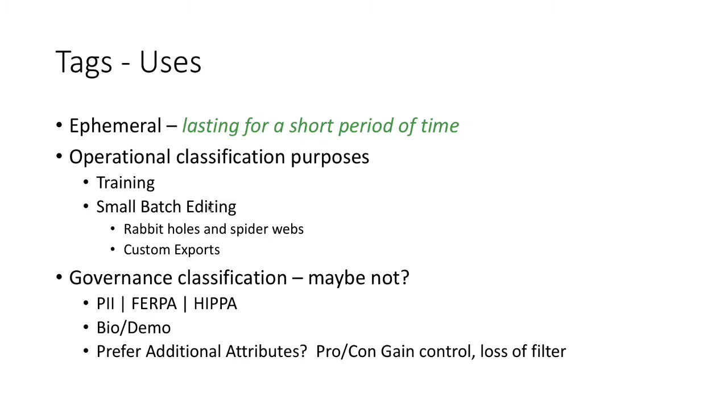The downside is that additional attributes are not searchable or browsable. So it's challenging to quickly retrieve the definitions that have been given that flag. So there's pros and cons. But in general, the use of tags is for classification purposes that you can control.